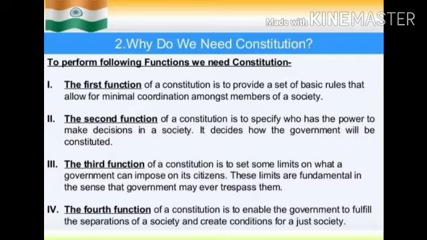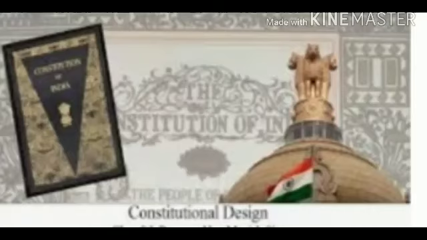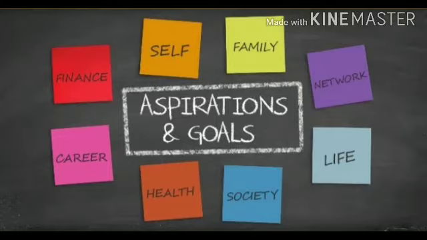Dear students, most of the older constitutions limited themselves just to allocating decision-making power and setting some limits to government power.